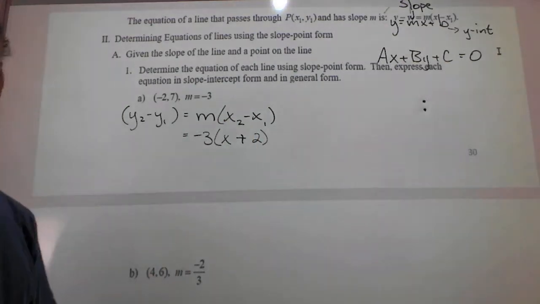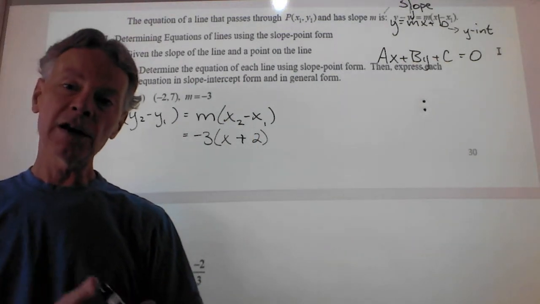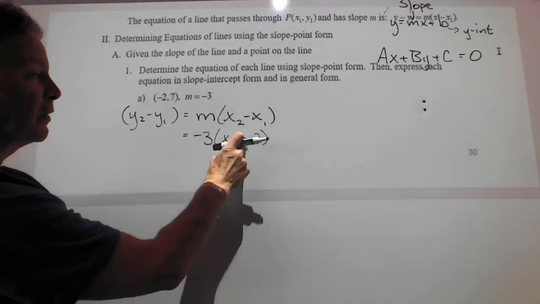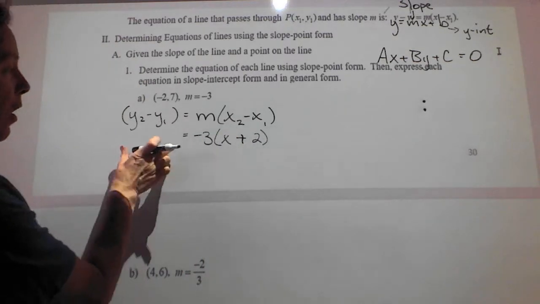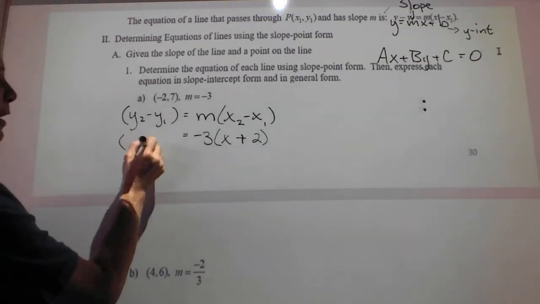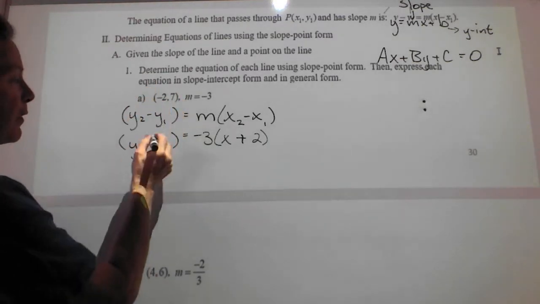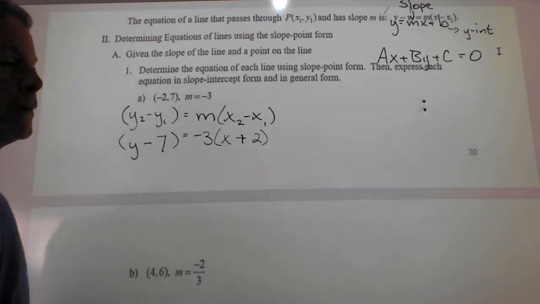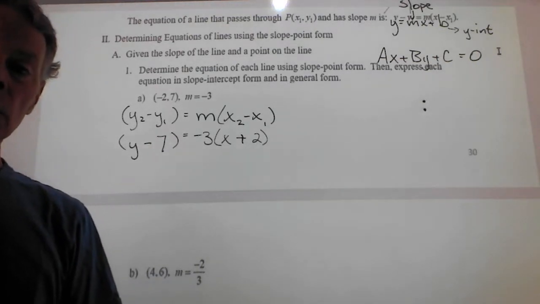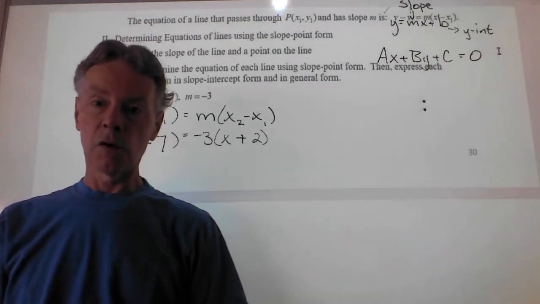Okay? So remember, when you subtract a negative number, it's easier to simply write it as an addition. On this side, our y2 minus y1 becomes y minus, there's our y value, 7. So now we have our equation in slope point form.